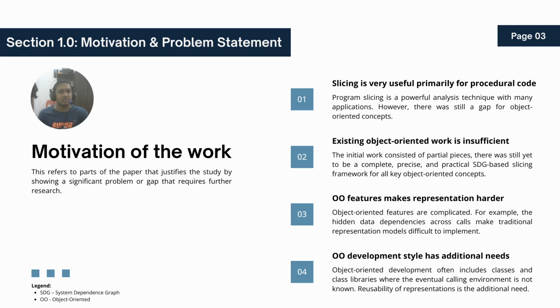So, to conclude the motivation, the authors want the strong benefits of SDG-based slicing to work together with the modular, reusable style of object-oriented software engineering. They are aiming for a framework that is both theoretically precise and practically scalable, specifically tailored for object-oriented systems.